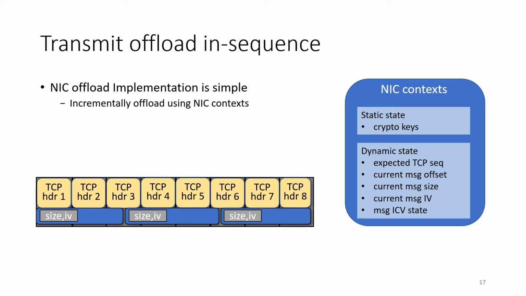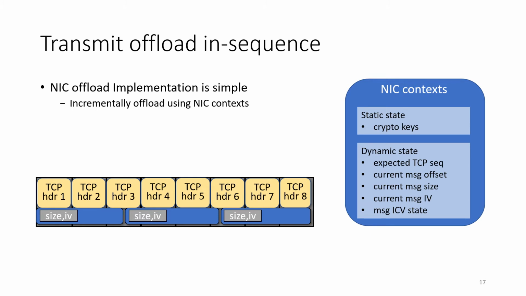We now present how offload works for transmitting in-sequence data, again using TLS as an example. The offload uses 2 NIC hardware contexts per flow, one for receive and another for transmit. Each context consists of a static context that is constant throughout the flow's lifetime, and a dynamic context that changes with each received packet.